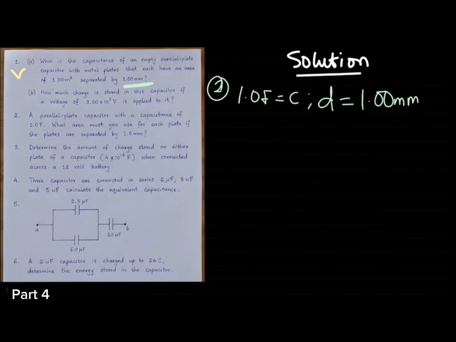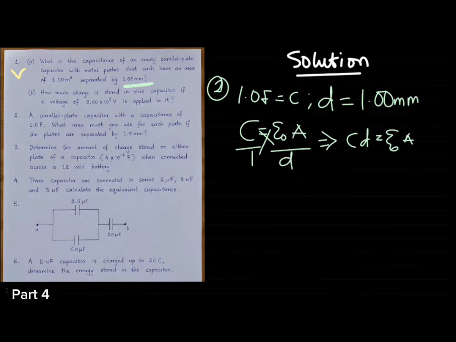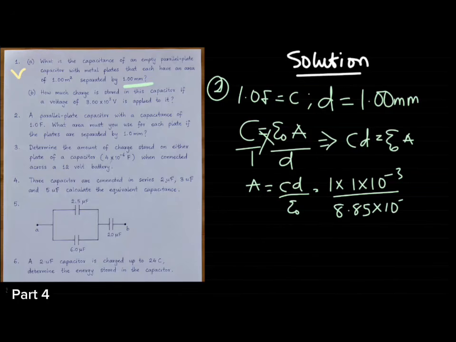So therefore, let's find the area of this problem. My C is equal to E naught A divided by D. How can I make A the subject of the formula? I'll cross multiply and I'll have CD is equal to E naught A. A alone is equal to CD divided by E naught, which is equal to 1 times 10 raised to the power of minus 3 divided by 8.85 times 10 raised to the power of minus 12.